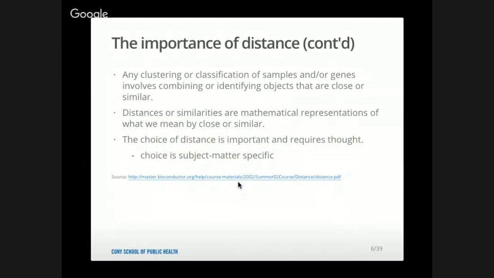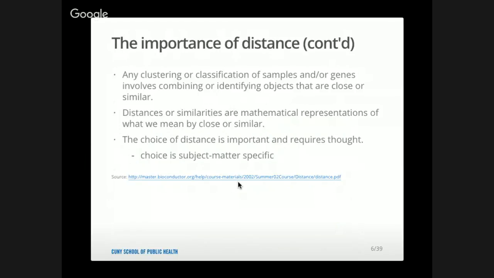So distances are the basis of clustering and classification of samples. So fundamental components of machine learning use distances, and really what they are is a mathematical representation of our ideas of similarities and dissimilarities between objects, whether they be samples or genomic features.